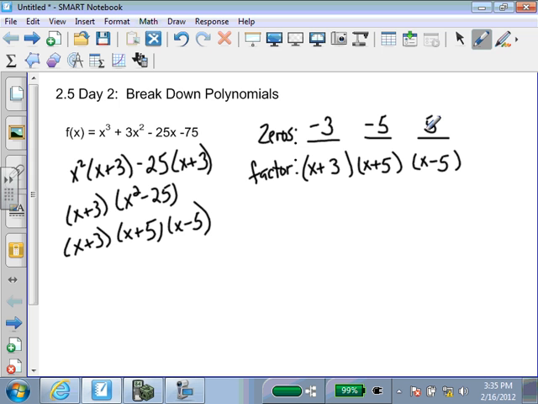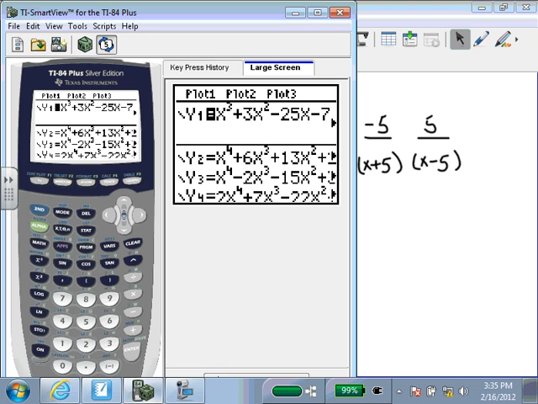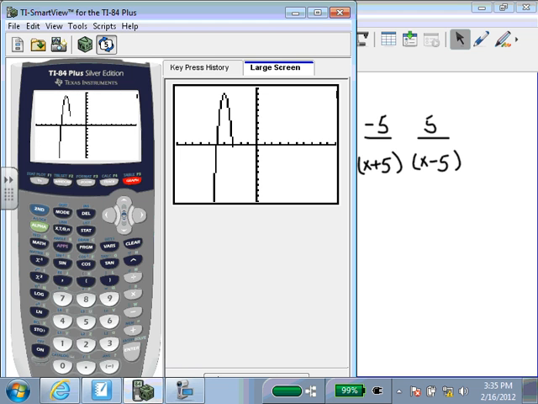Hopefully you would have seen that you could factor it as well, but suppose you didn't, and you decided you were going to just graph it. Okay, based on the graph, I see an x-intercept at negative 5, negative 3, and positive 5.